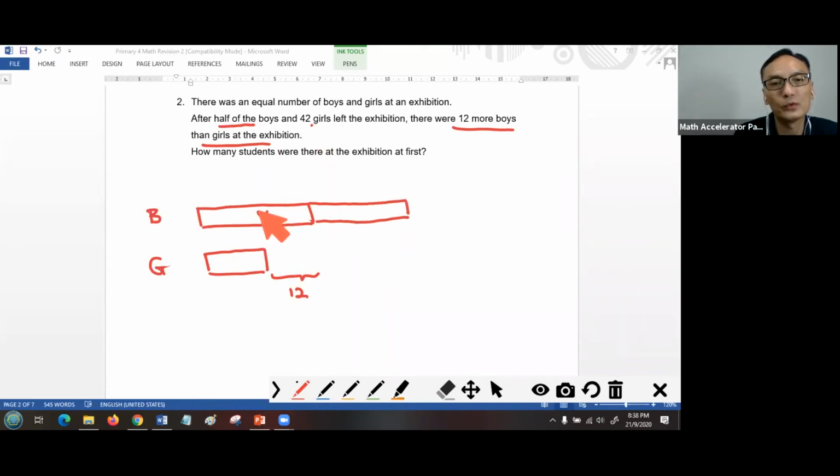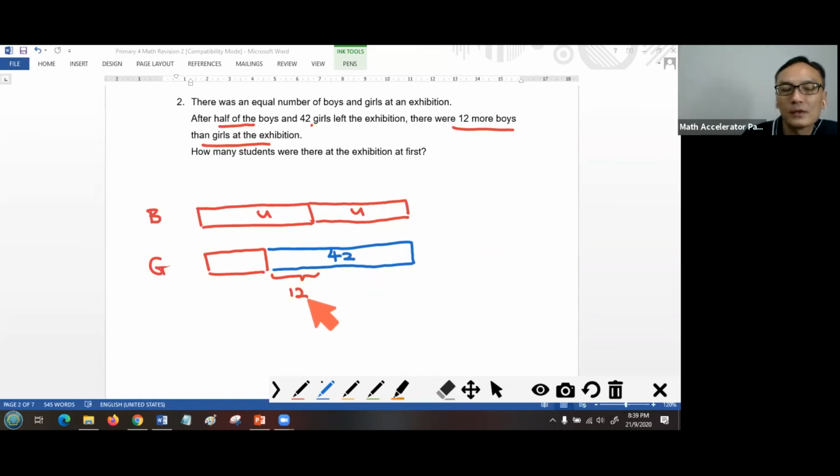So this is 1 unit, this is 1 unit. So now we know where to end for the girls model. So we just add back 42 here. So this is 42.